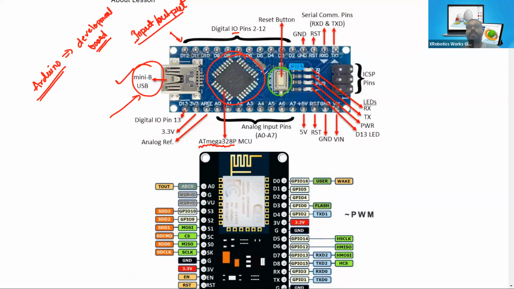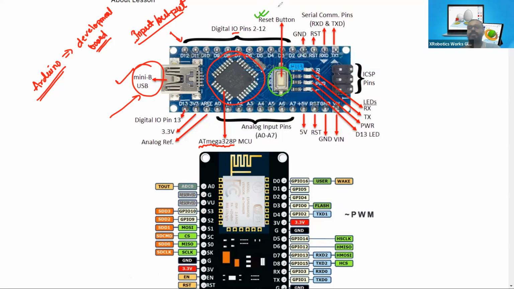You can see I'm circling it in green. This reset button helps us reboot the program, or reboot the entire system, to read the program from line one. And that is very important because we cannot always predict the outcome of a programmed device.